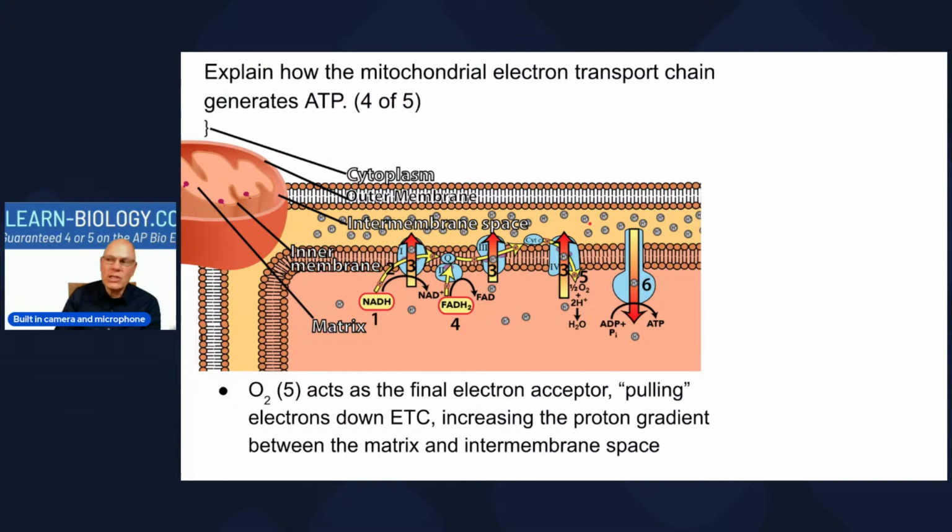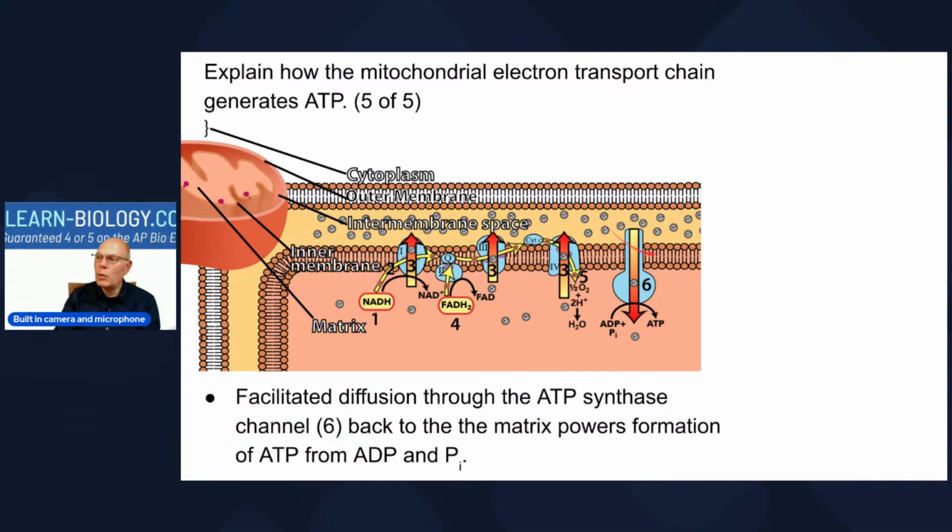Now, these are all positively charged particles. They don't like being with one another. Positive charges repel one another. So they're all desperately looking for a way to get out of the intermembrane space. They can only do it through one channel, and that's called ATP synthase. And its name tells you what it does. It synthesizes ATP.